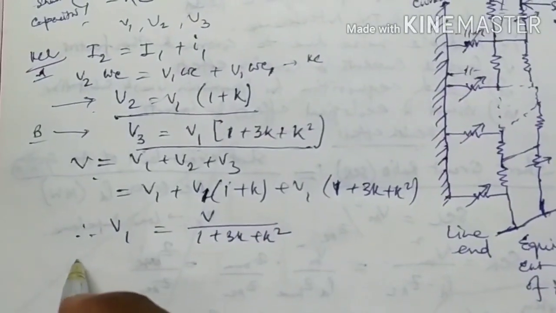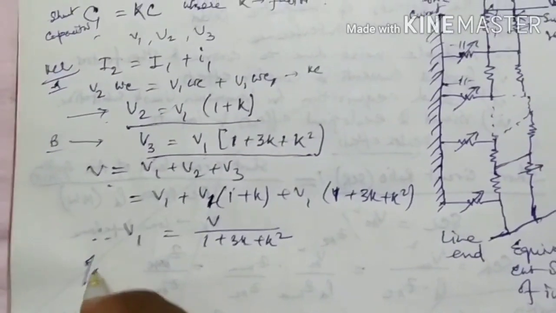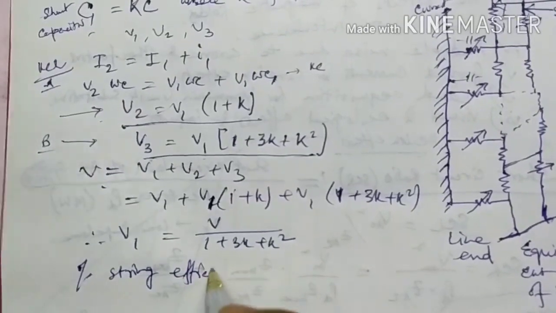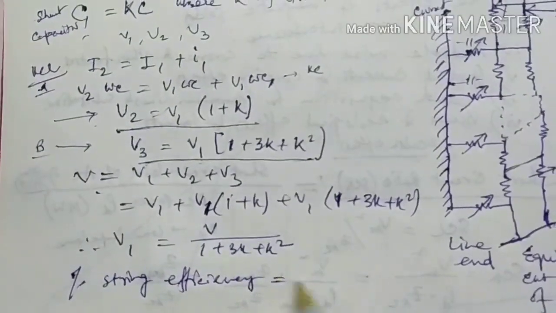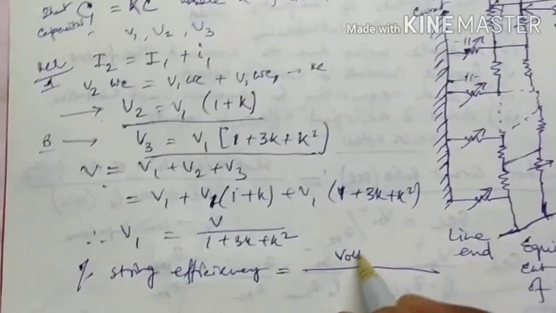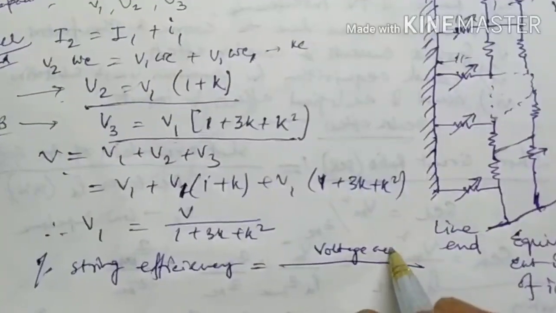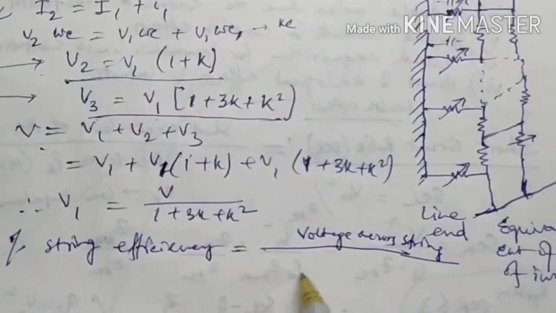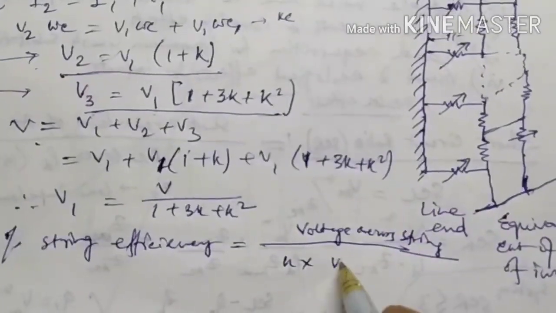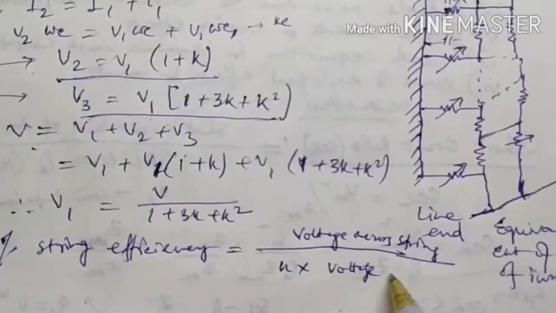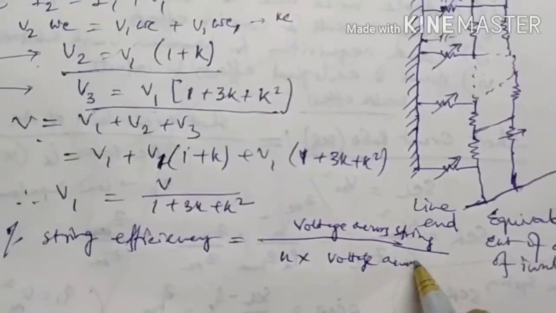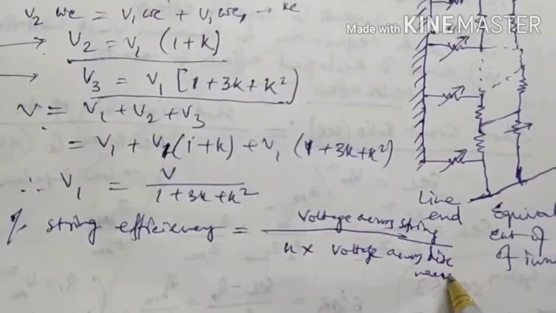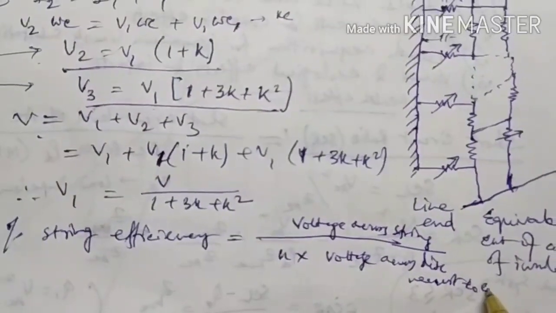So the string efficiency, the percentage string efficiency, will be equal to voltage across string divided by N into voltage across disc nearest to conductor.